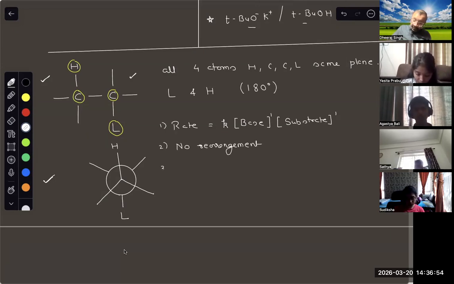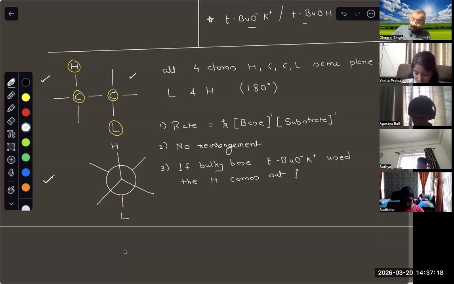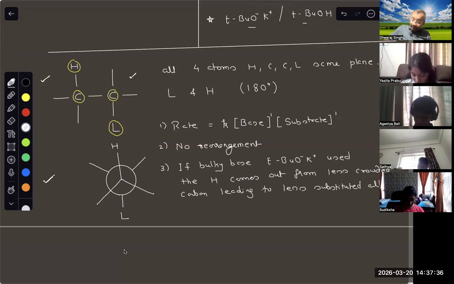First, second, third: if a bulky base like tertiary butoxide is used, then the hydrogen comes out from the less crowded carbon, leading to the less substituted alkene.